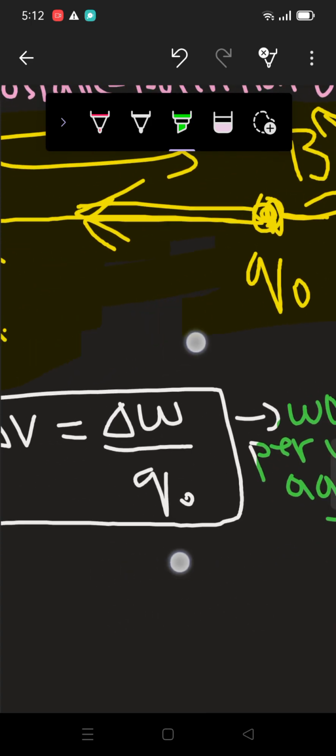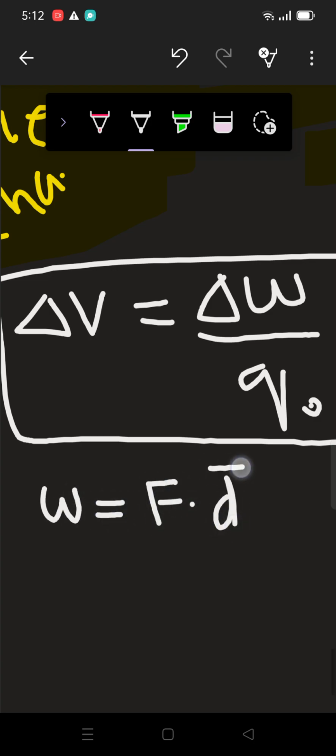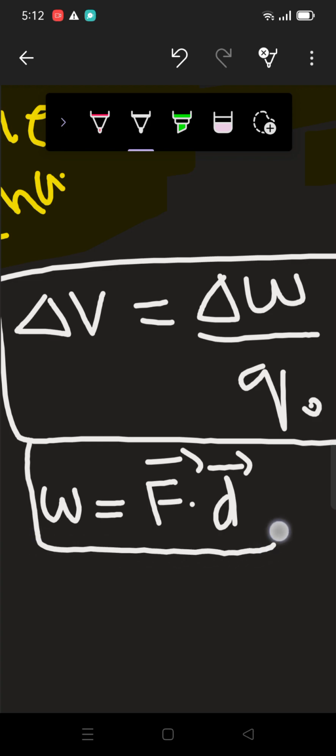All right, now we know that work is equal to what? Work is basically the dot product of force and displacement. These both are vector quantities. When we remove this dot, we have the function cos theta, which shows the angle between the force and the displacement.